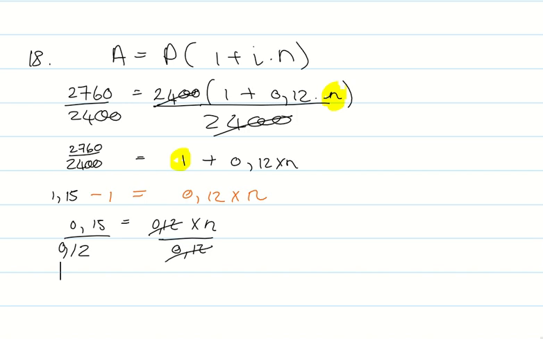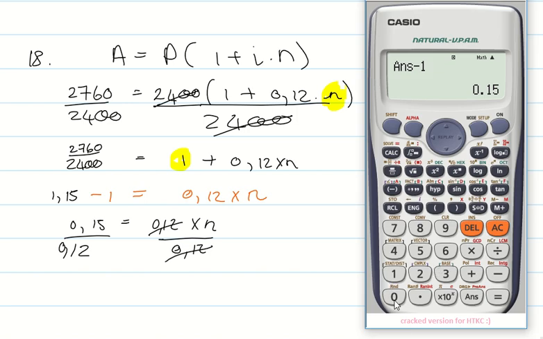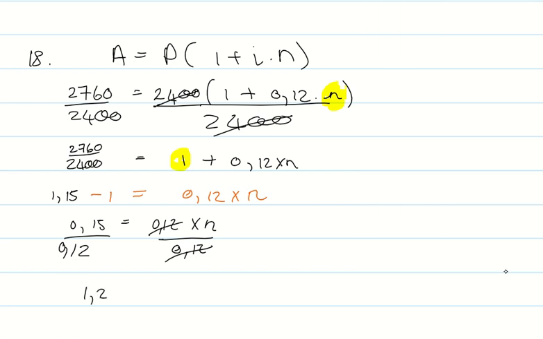You can do this on your calculator. So you can say 0.15 divided by 0.12. It's equal to 5 over 4, and 5 over 4 is 1.25. Alright? Or you could have written this as 1 and a quarter is equal to n.